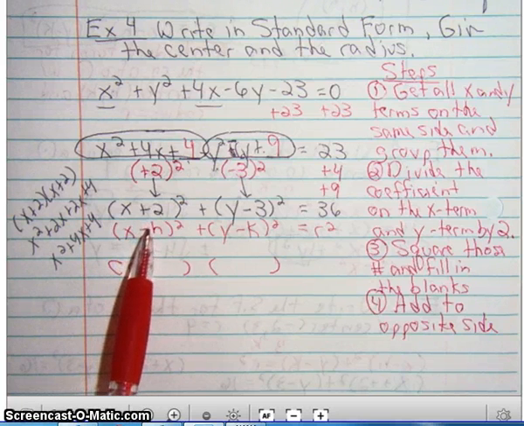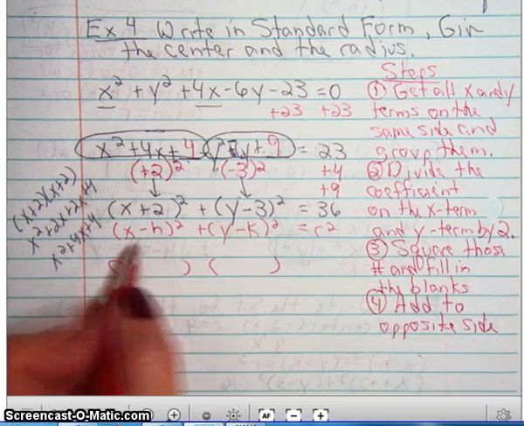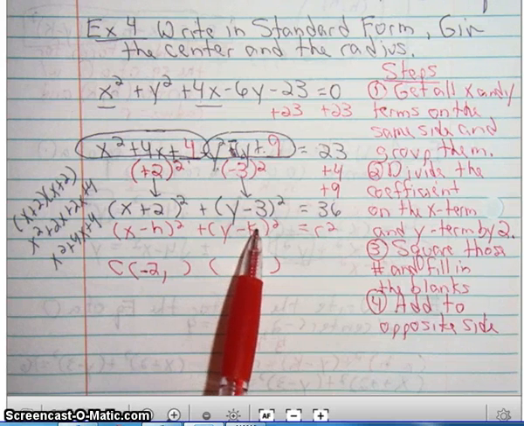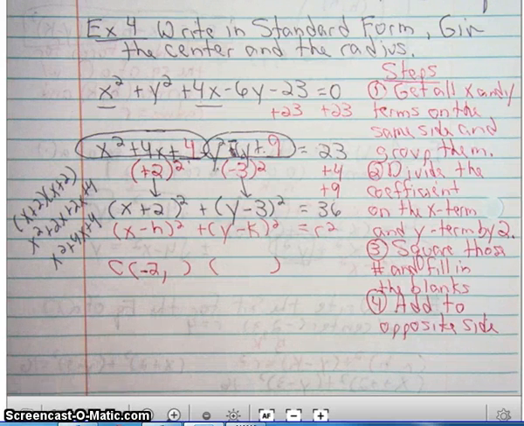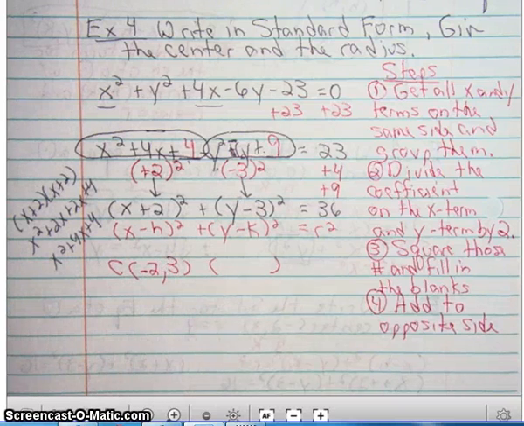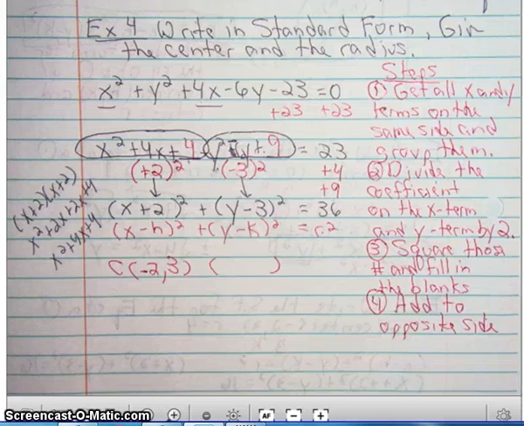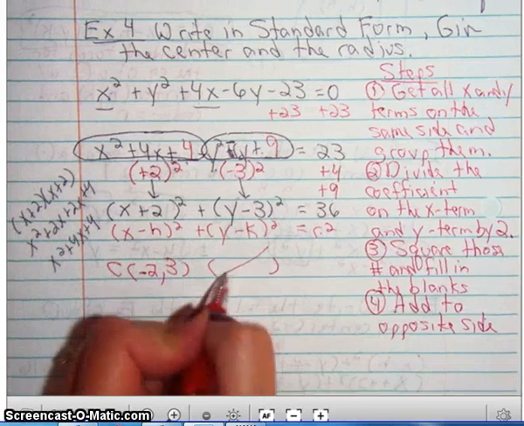Opposite of h, which would be? Very good. And opposite of k, which would be? Excellent. And Jasmine, radius squared is 36, so radius is? Very good. Why do I have 2 sets of parentheses there?